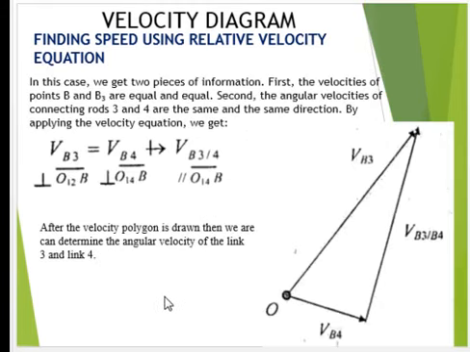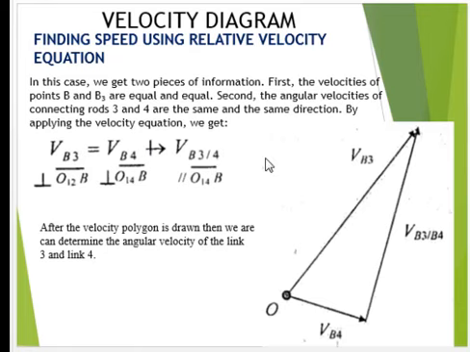In this case we get 2 pieces of information. First, the velocities of points B2 and B3 are equal. Second, the angular velocities of links 3 and 4 are the same, in the same direction, by applying the velocity equation VB3 equals VB4 plus VB3 relative to 4.